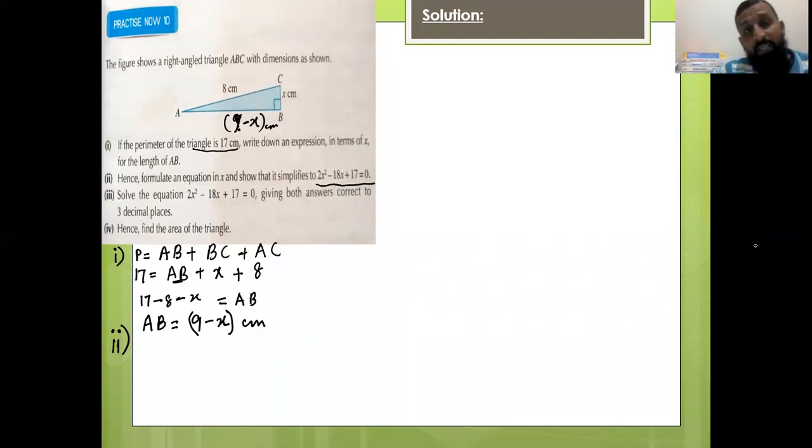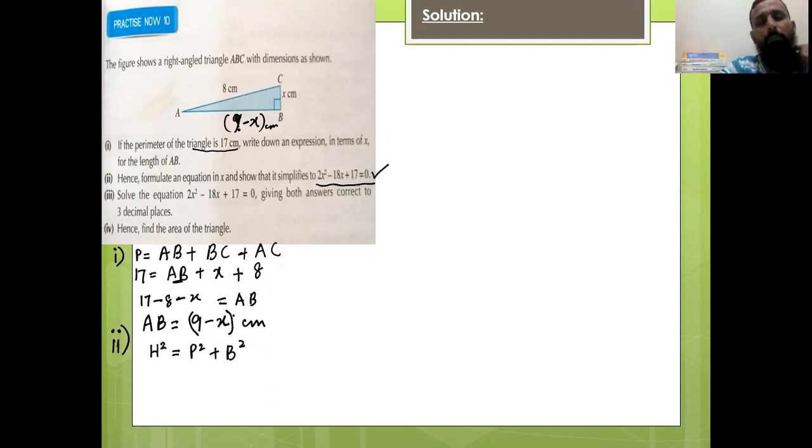So we will plug in these values of hypotenuse, base, and perpendicular in the Pythagoras theorem and see, are we able to formulate this equation, yes or no. So let's do it. Applying Pythagoras theorem, h square equals p square plus b square.